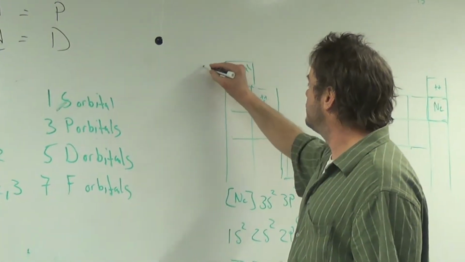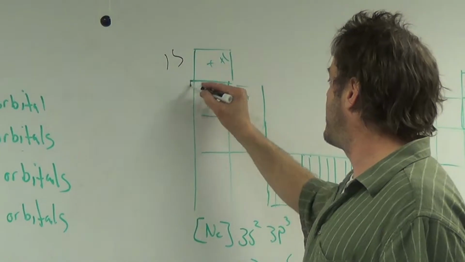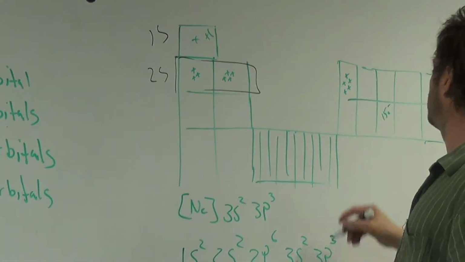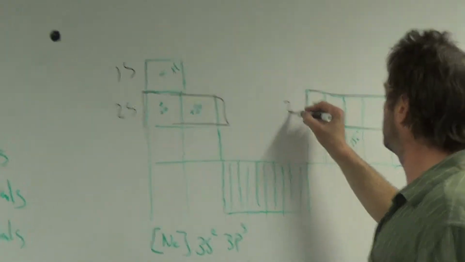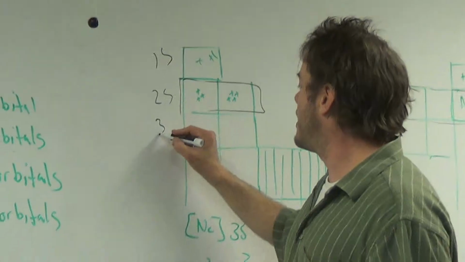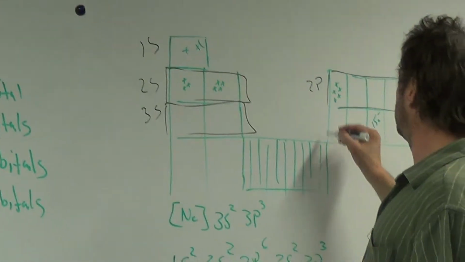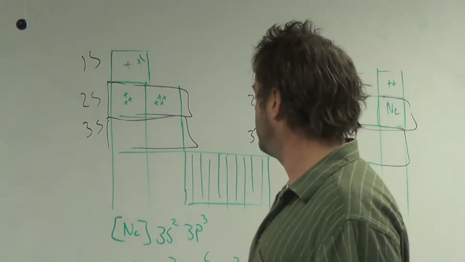This orbital right here is the 1s orbital. This guy right here is the 2s. 2p. You got your 3s right here. You got your 3p right there.